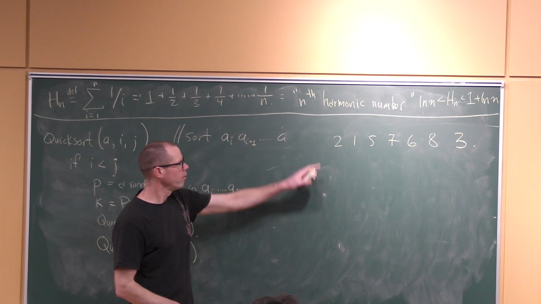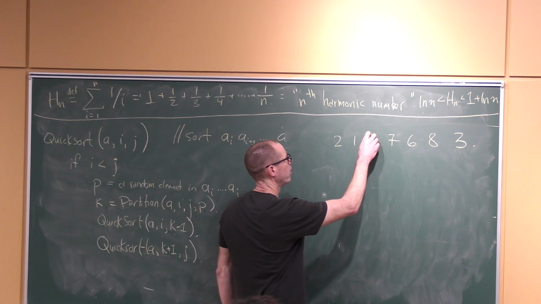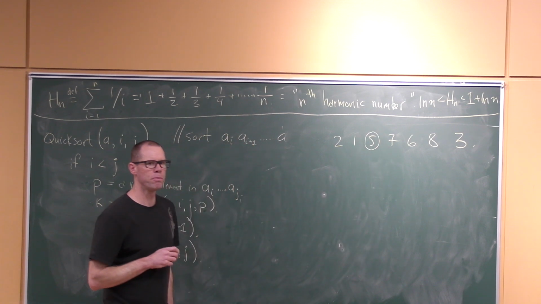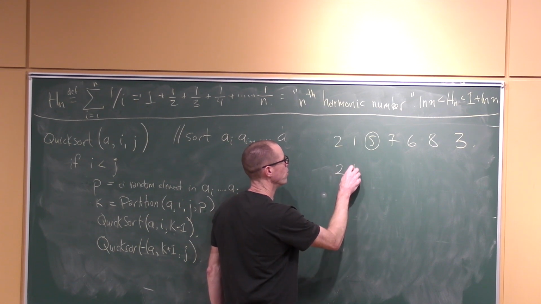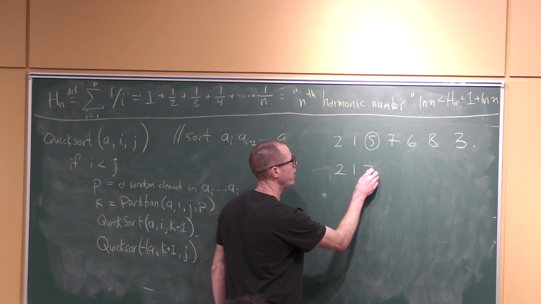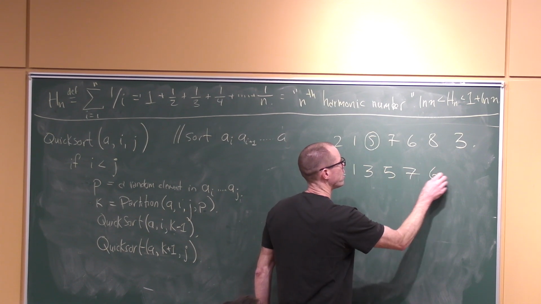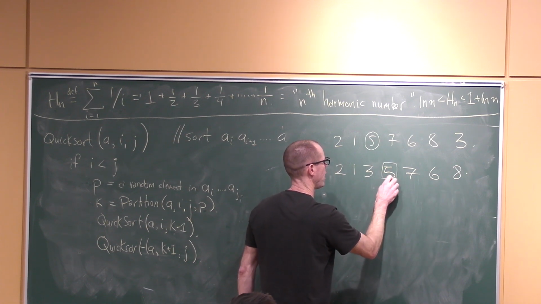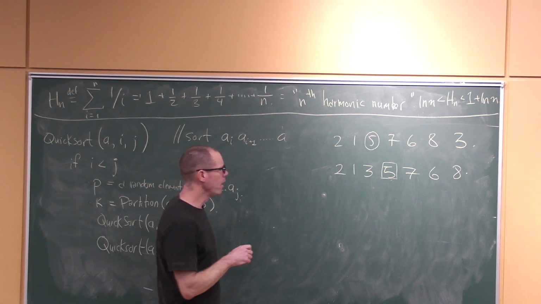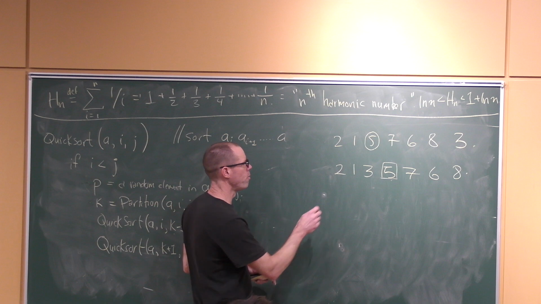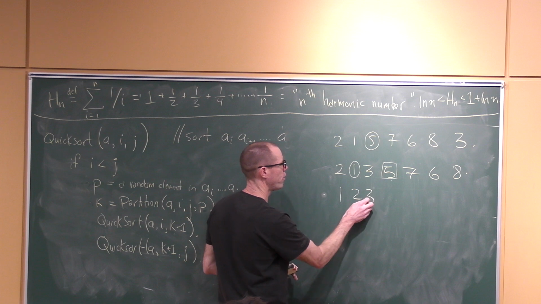We'll pick a first value p, and let's say 5 will be our first pivot. So then we'll partition this array into two parts, 2, 1, 3, 5, 7, 6, 8. So that guy's fixed. Then we recurse on this part, and maybe we pick 1 as our pivot.